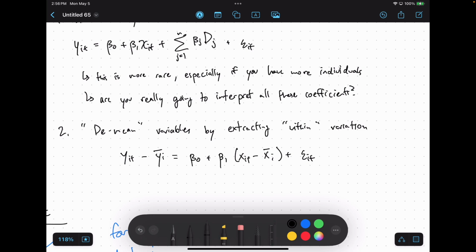for someone who weighs 200 pounds, they may have that base level of 200 pounds because of their particular gender and race and all these things related to their individual, but then you are isolating, we get rid of this 200 and just see how much they're changing based off how much they're exercising.